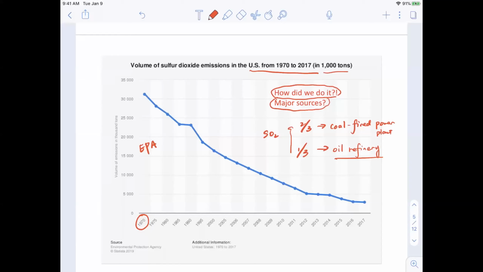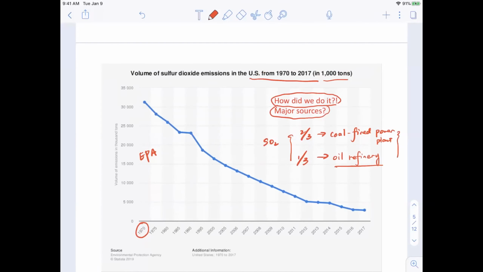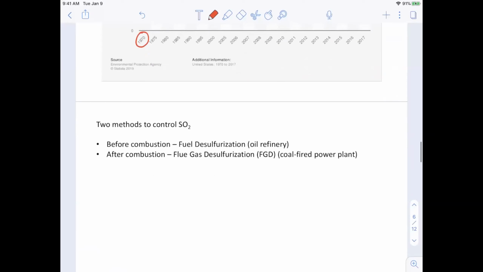The oil refinery will deal with the sulfur, and that's why the product we receive doesn't have much sulfur anymore, right? And so now let's look at how these 2 sources deal with the sulfur dioxide, in 2 different ways.